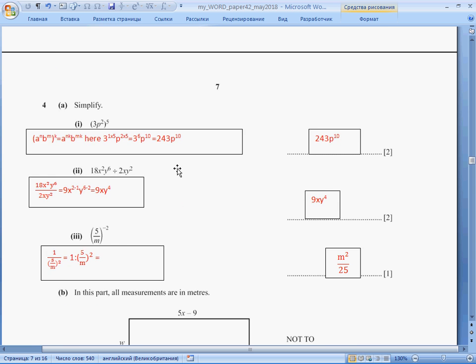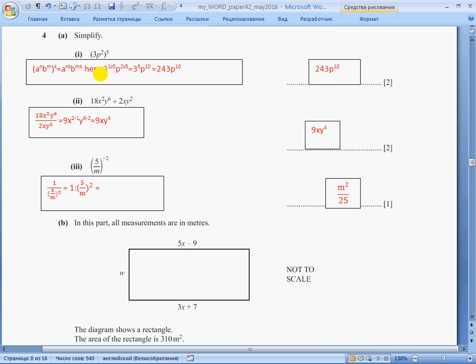So this is done. To simplify, we just multiply the powers. 3 to the first power multiplied by 5, we get 15. Then divide. We write it in fraction form, and then we subtract exponents, x to the 2 minus 1, x to the 6 minus 2, x to the 4.